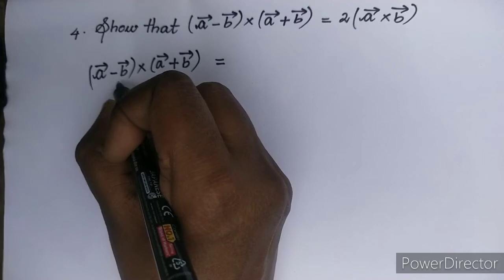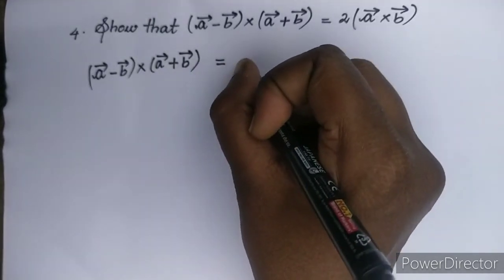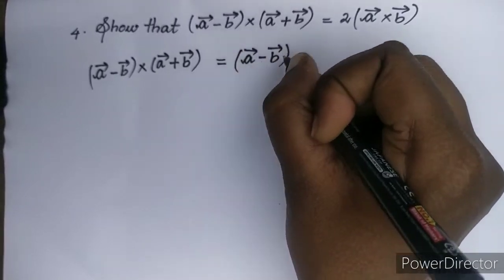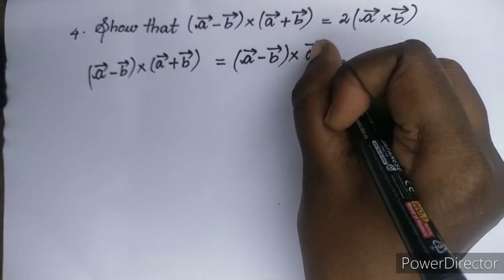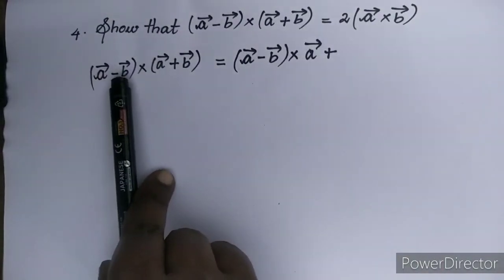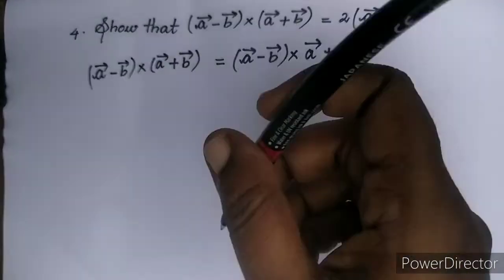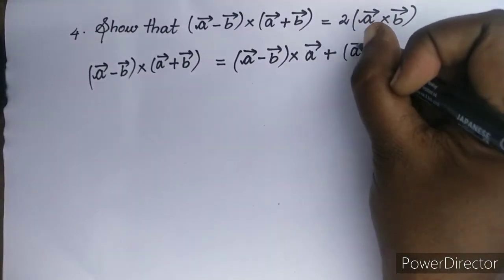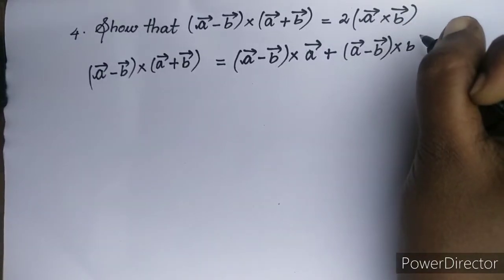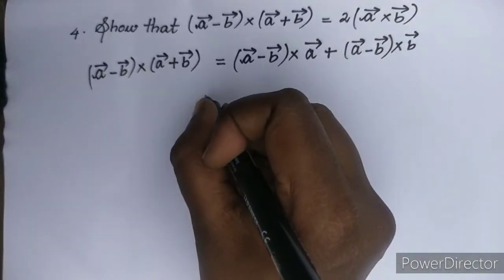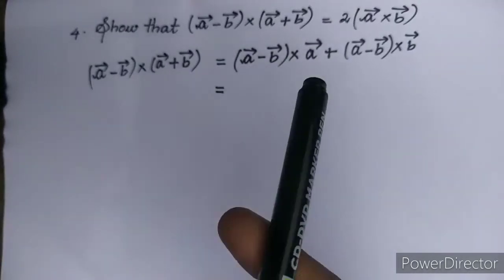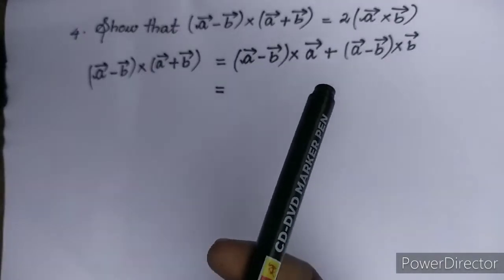A vector minus B vector cross A vector plus again A vector minus B vector cross B vector, which is equal to, again we are going to apply the distributive property of vector product over addition.